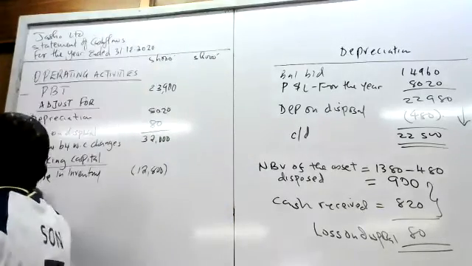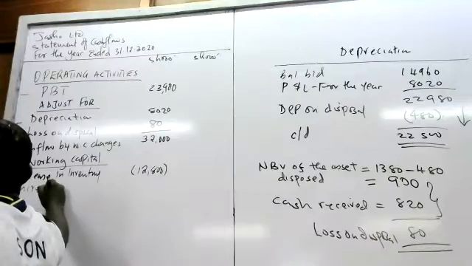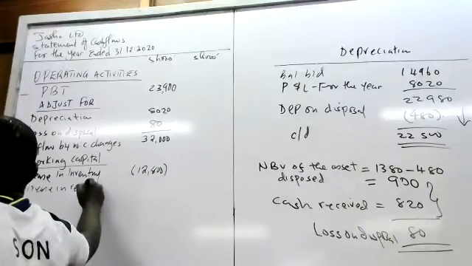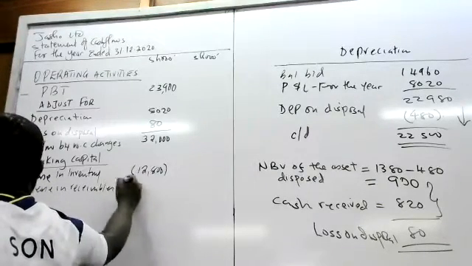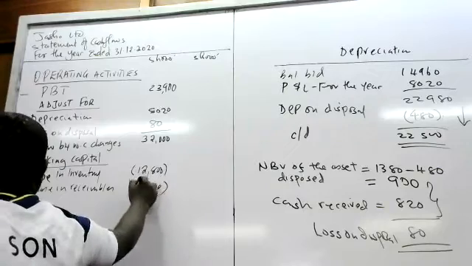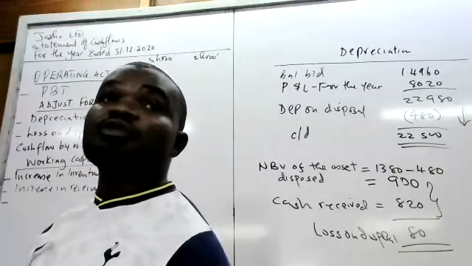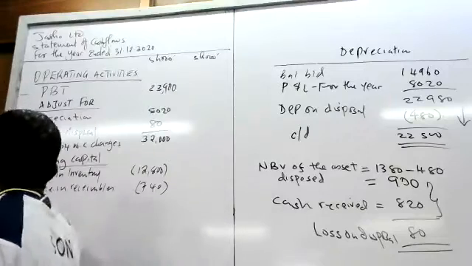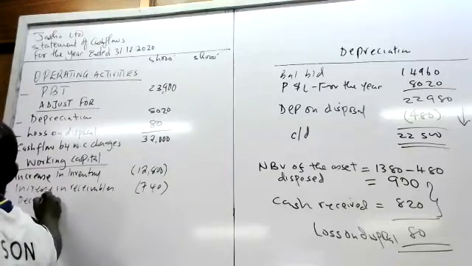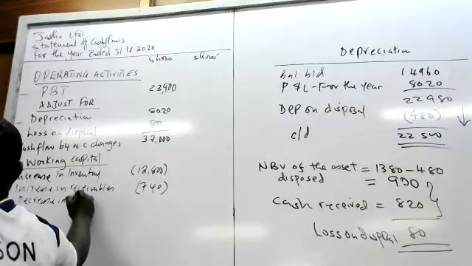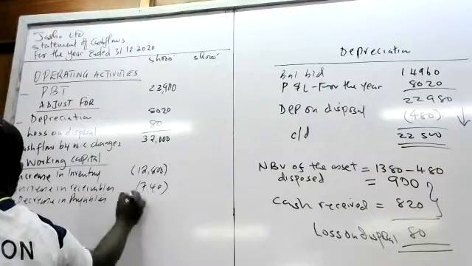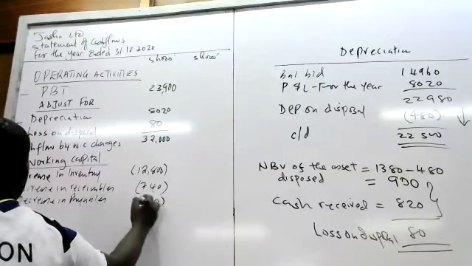So increase in receivables 740, we also deduct. Then she says payables is a decrease of 220. So decrease in payables 220, that one we also deduct.